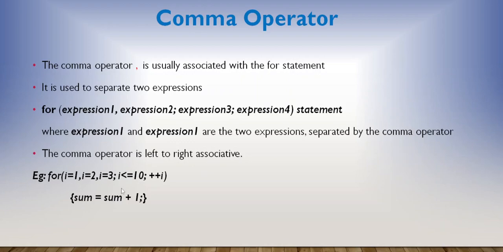That means if you consider i equal to 1, i equal to 2, i equal to 3, separated by commas, this is all initialization. Initially i gets the value of 1 because it is left to right, then i gets the value of 2, then i gets the value of 3. That means finally i gets the value of 3, and then expression 2 is evaluated. Left to right.